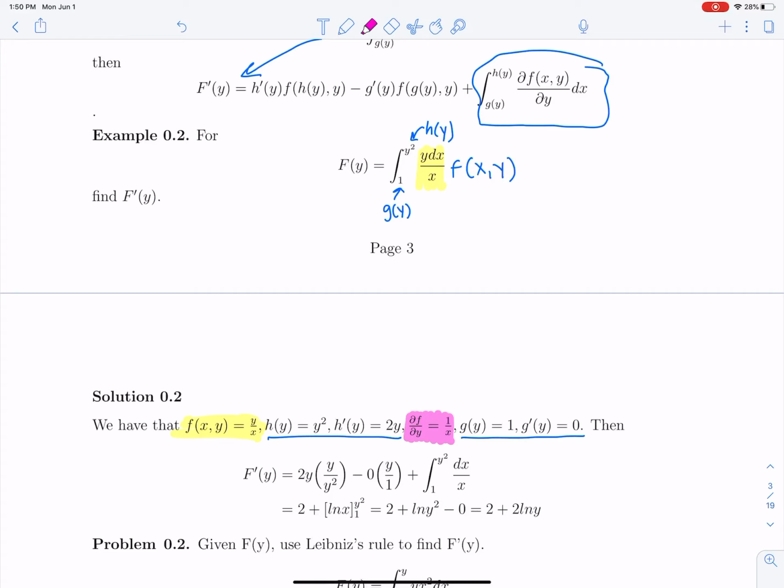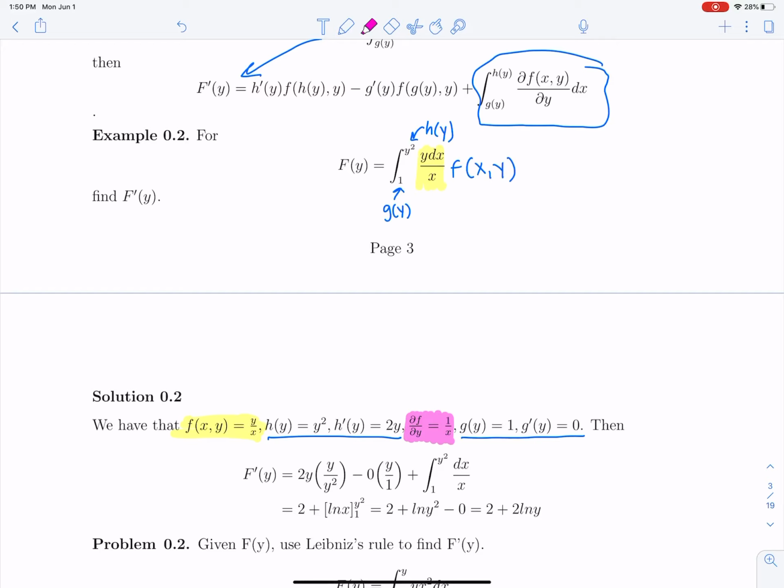So if you notice, we get 1 over x. If you recall, when we take a partial derivative, if x is the variable we don't care about, you treat that as a constant. So here, y over x, think of it as y over a number. And that's why we ended up getting the 1 over x, because y would go to 1, and you're just left with 1 over x.